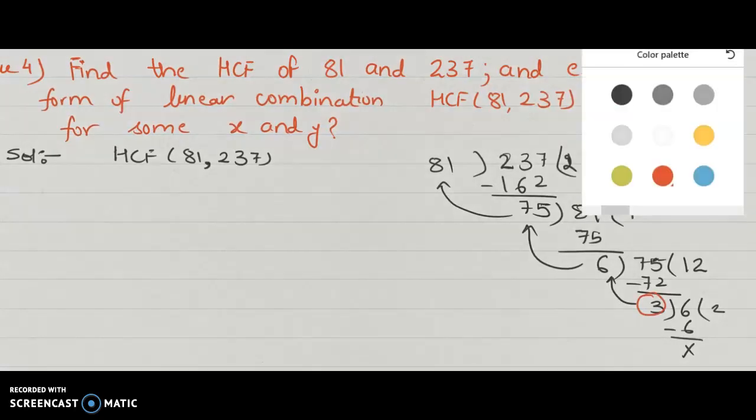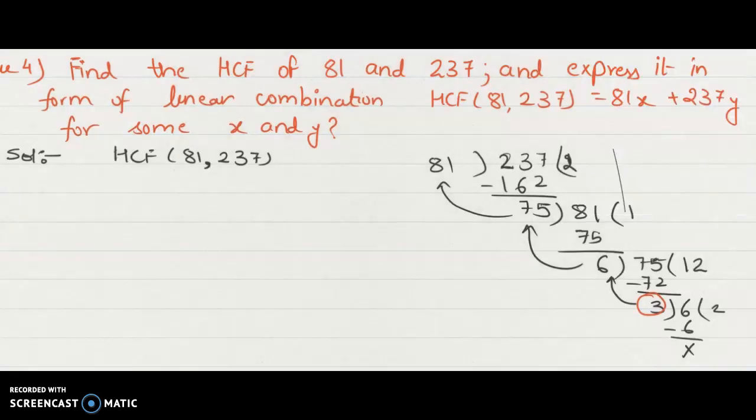Okay, now we are going to write it by the Euclidean method or by the division algorithm. If we apply the division algorithm step by step, we can write dividend is equal to divisor into quotient plus remainder.